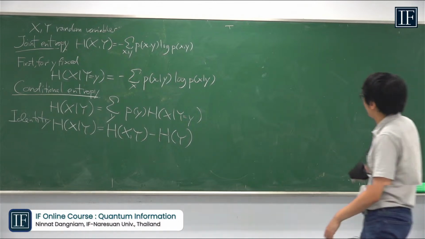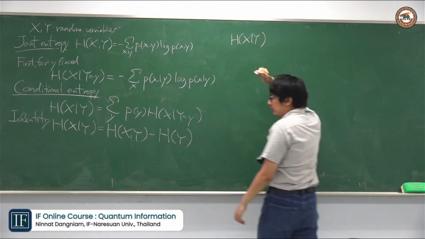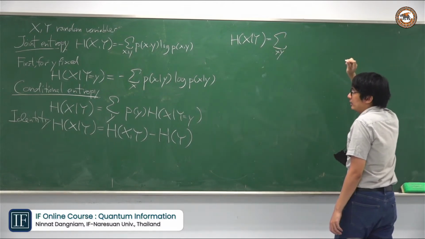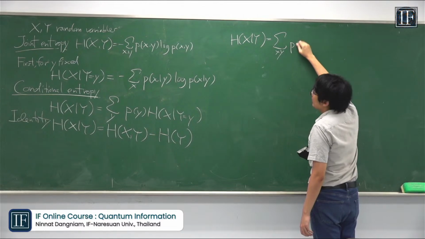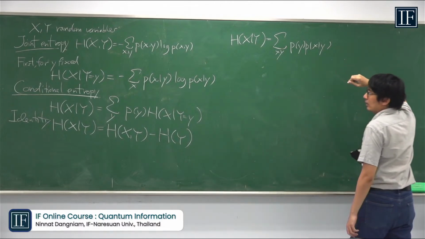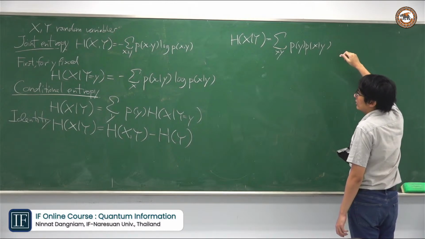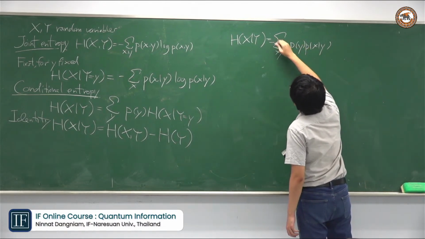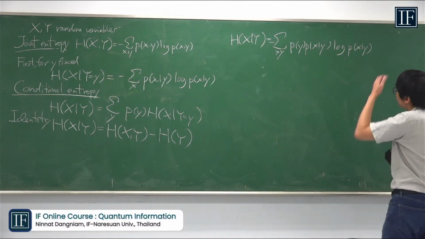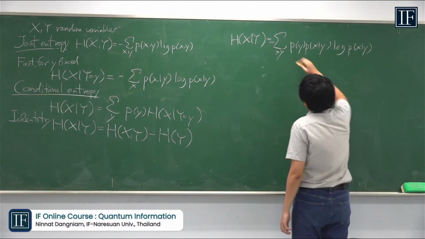So you just write it out, right? This is a sum now over X and Y. Then you've got P of y, X conditioned on Y, with a minus sign too. Okay, important.